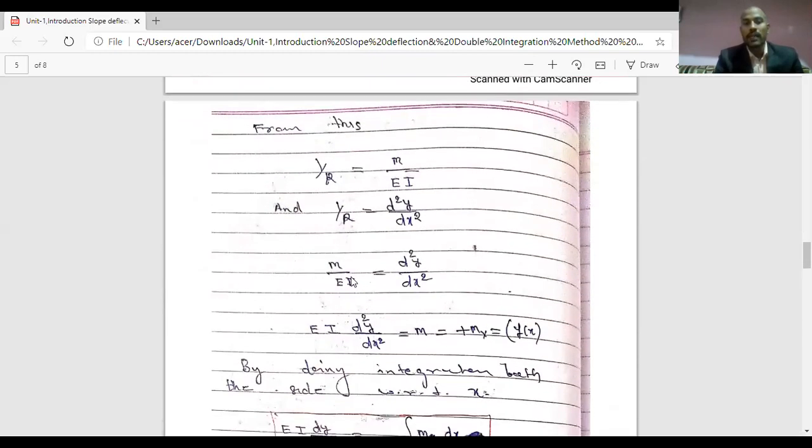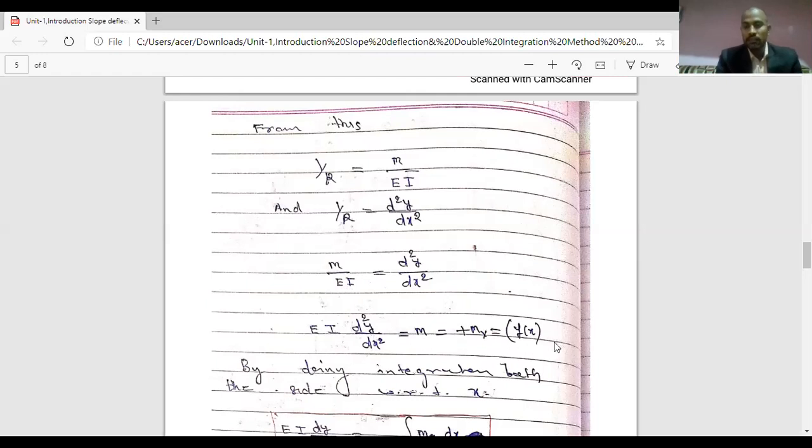So M by EI equal to d square y by dx square. Putting both equations equal, we find this result. So taking EI to this side, EI d square y by dx square equal to M.